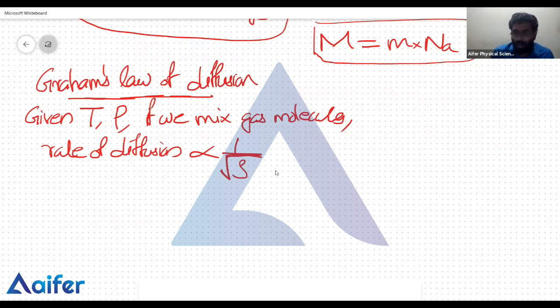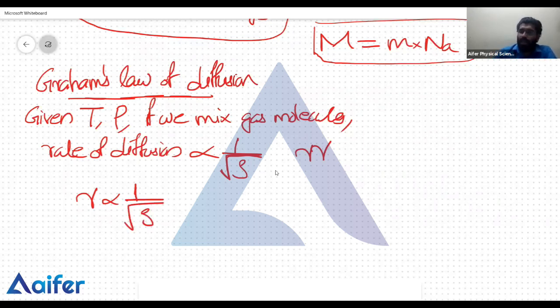I'm sorry, this is square root of density, not 1 by density. Yes, square root of 1 by density. Okay, correct. So R, the rate of diffusion R, is proportional to 1 by root rho.